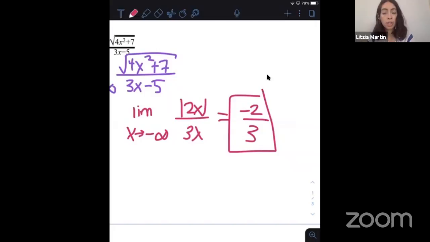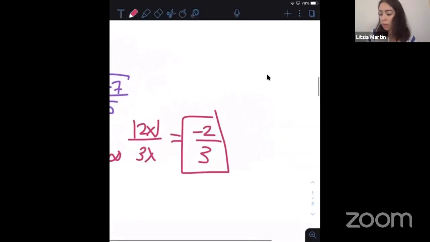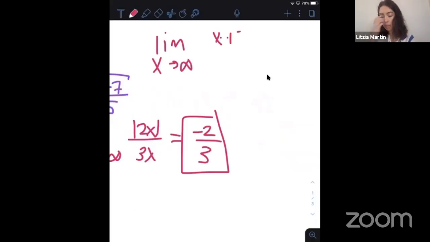This was a more challenging problem, so I wanted to make sure to go over how to do that. But you'll also see different problems where it'll be something more straightforward, like x plus 7 divided by x squared plus 2x plus 1. This is a bottom heavy function, so whenever it's bottom heavy, it's automatically 0.